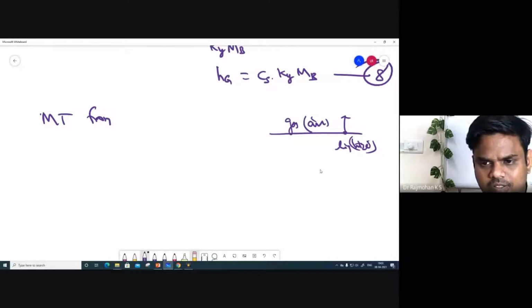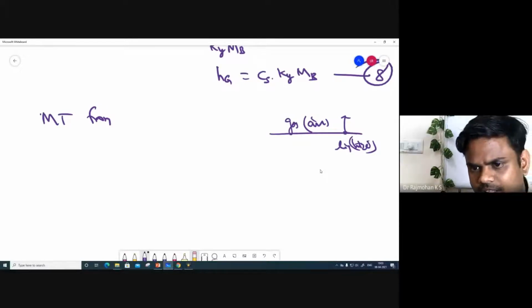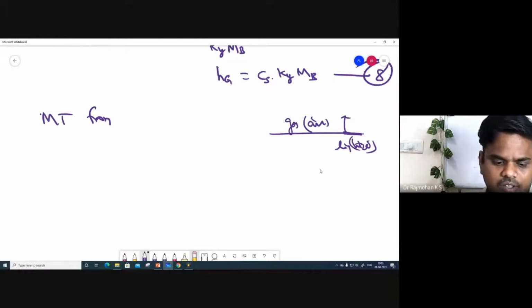There is mass transfer taking place from the interface to the bulk of the air. So we have mass transfer. And what about the interface? The interface is saturated, because whatever air is in contact with the liquid, it is saturated air. That means at the interface we are having the saturated water here. Okay. So that means humidity at the interface is saturated humidity.